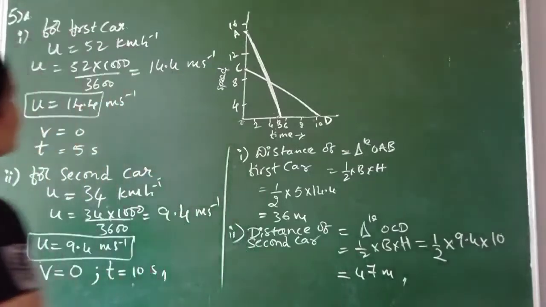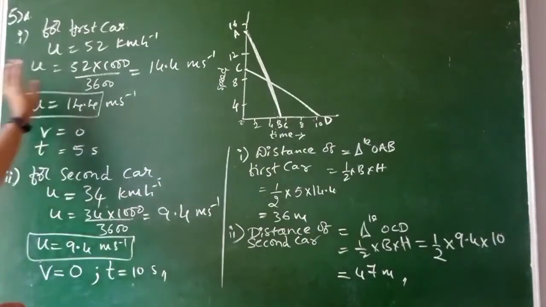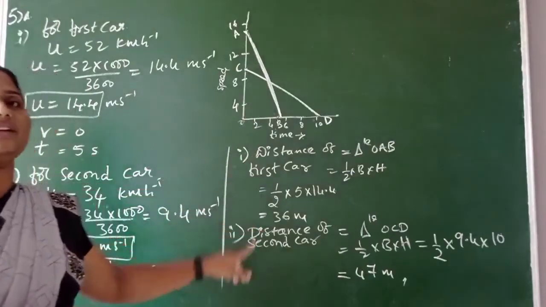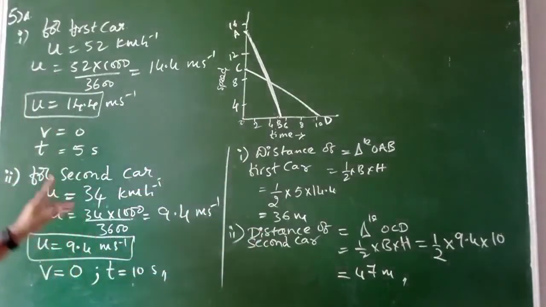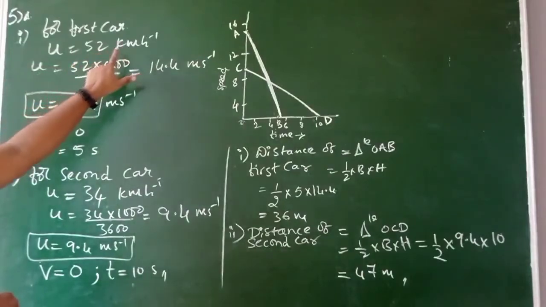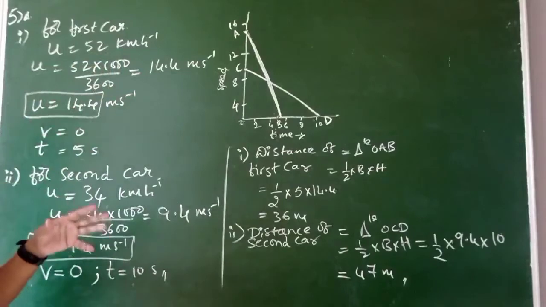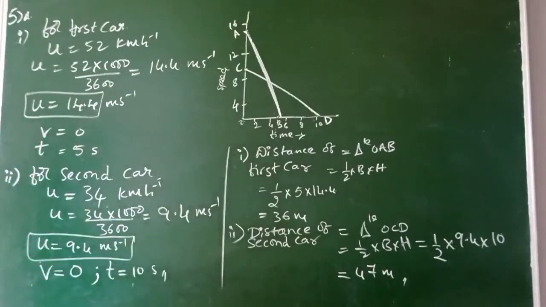Okay, once again I'll explain, children. Here they have given two cars moving with two different speeds. With this data they asked us to plot graphs and calculate their distances. So how do we do it? First we have to take the initial velocity and convert it into meters per second. Then he applies the brakes, and the car ultimately comes to rest.